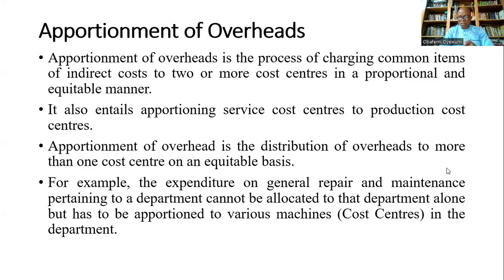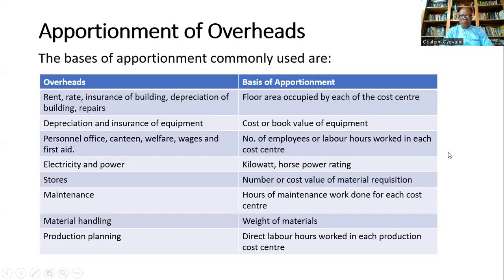Last time we talked about allocation. This time around, we're saying we're not allocating because these costs are general. They are borne by all the departments, all the units, all the cost centers. So it's appropriate to share the common cost among the different cost centers. That's what apportionment is.